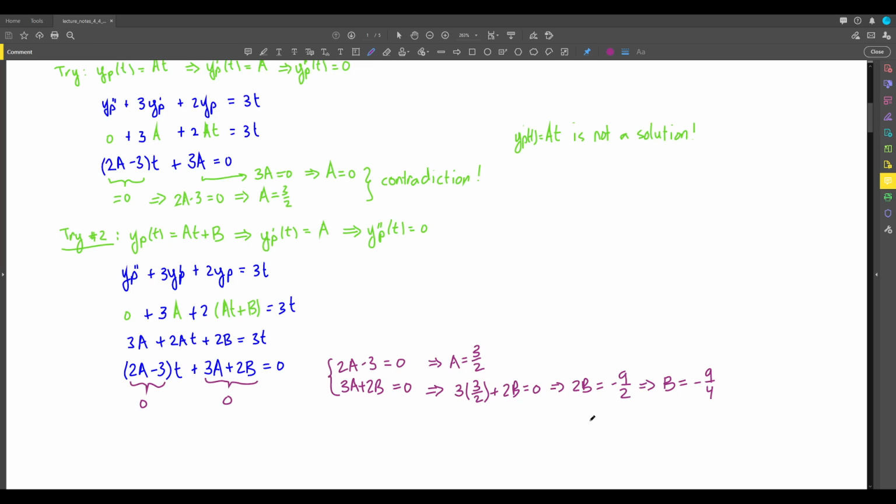And that works out. So what we have found here is that yp(t) = at + b works, and in fact it works with these two values. So our particular solution that works is (3/2)t - 9/4.